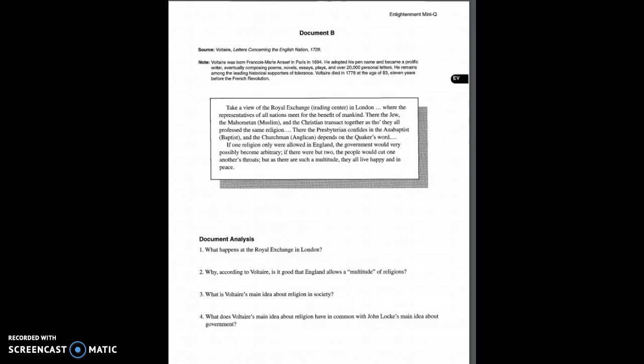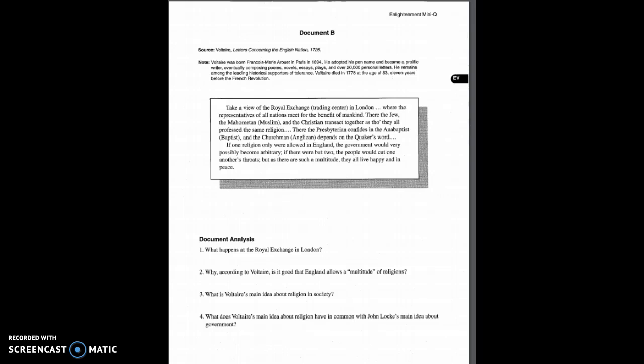And then number 4 is asking you to connect the dots here. What does Voltaire's main idea about religion have in common with John Locke's main idea about government? So we could basically say, like Locke, Voltaire places great importance on individual freedom. Okay, a person's right to freedom.